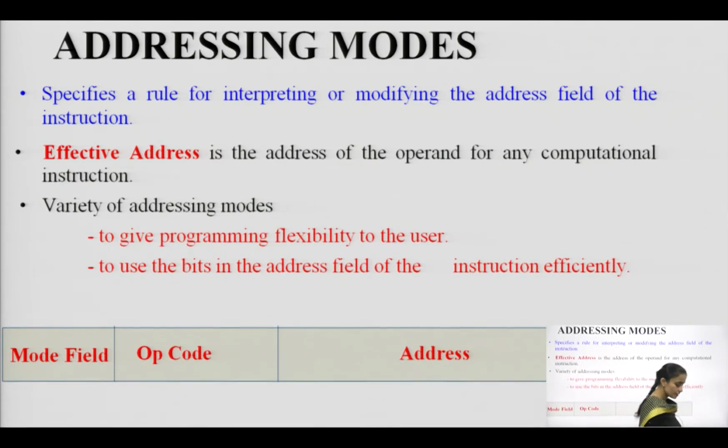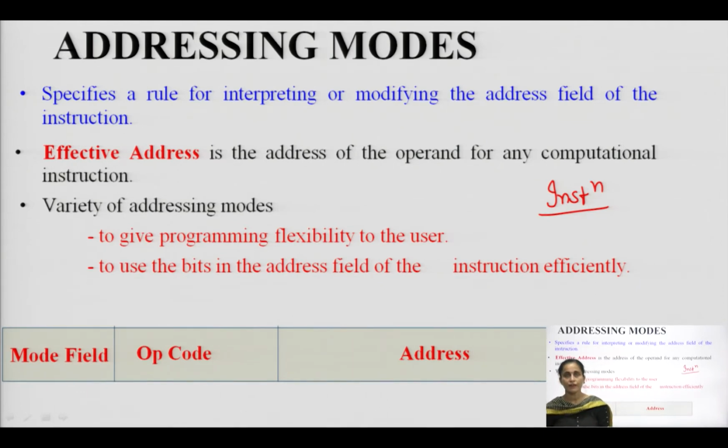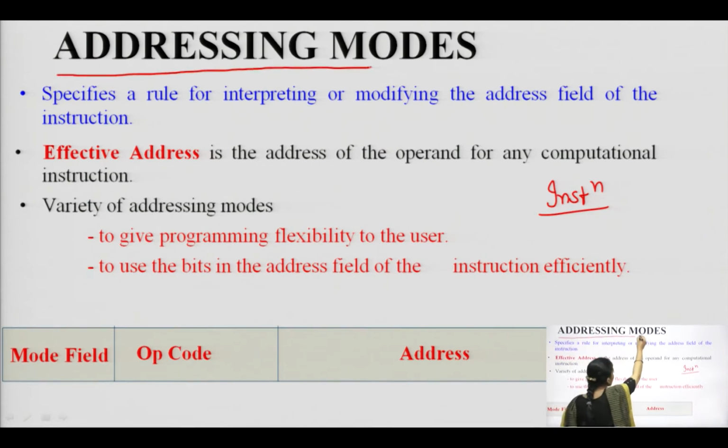As we have discussed, a program is a set of instructions. Every instruction will be fetched first, then decoded in the second step, and then executed. For understanding these addressing modes, we need to first understand the instruction cycle.